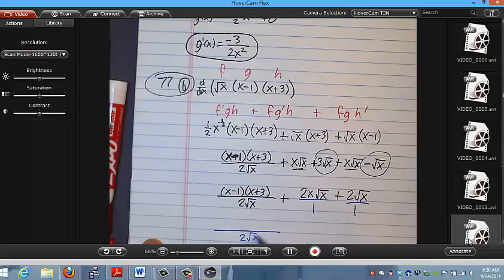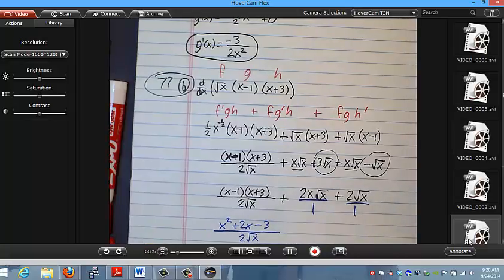I'm going to distribute here. I'm going to get x squared plus 2x minus 3. I don't know if they did, but that's not hard. And now here we have, I want to multiply top and bottom by what? By 2 square root of x.